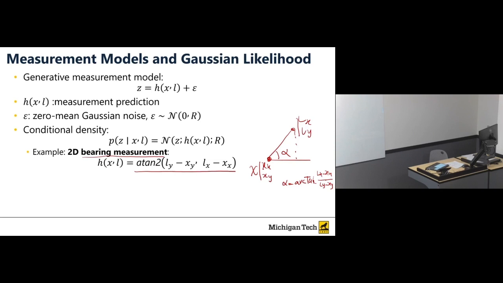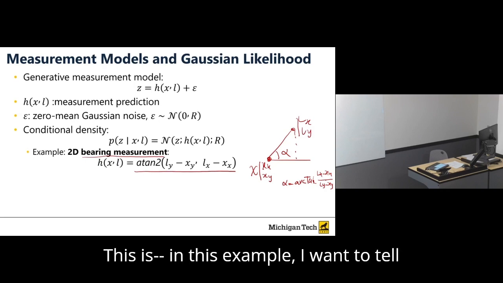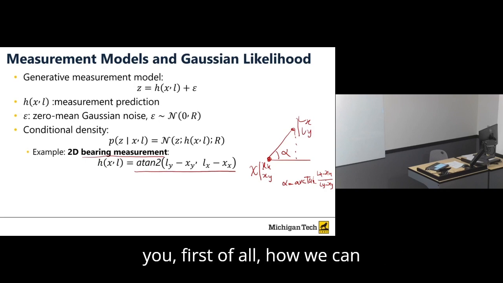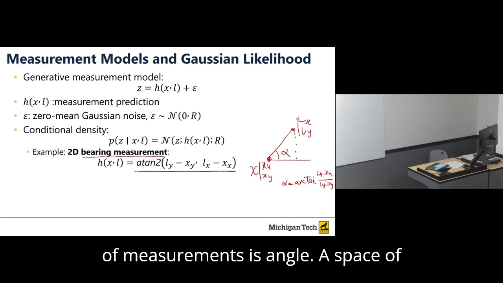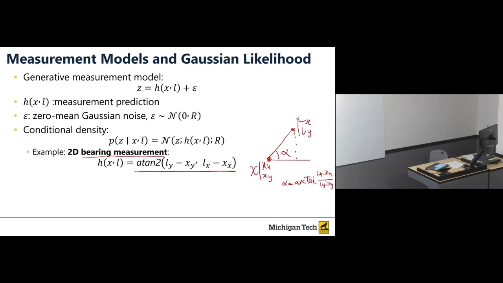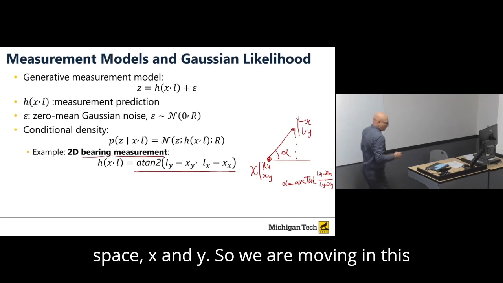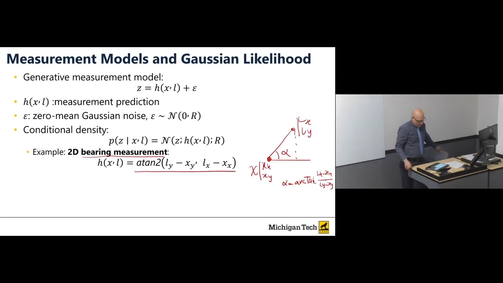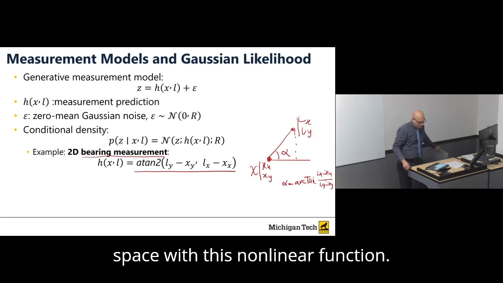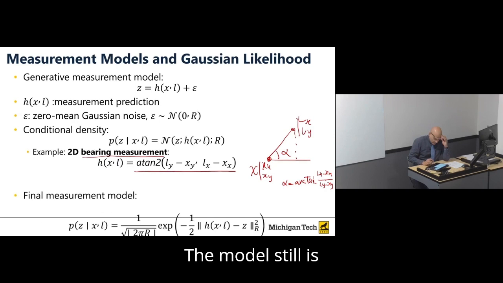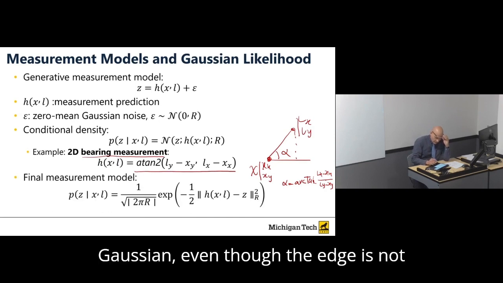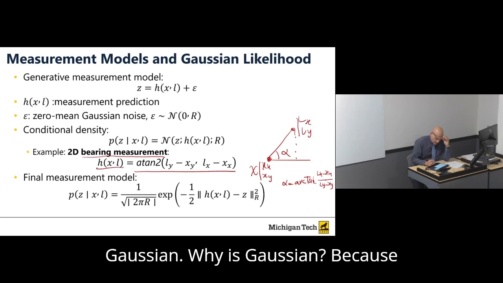In this example, I want to show you first of all how we can transfer between these two spaces. The space of measurements is angle. The space of states is Cartesian space, x and y. So we are moving between these spaces with this nonlinear function, but the model still is Gaussian, even though h is not Gaussian.